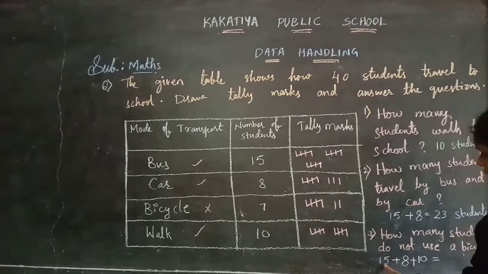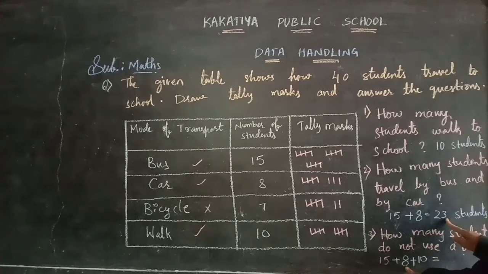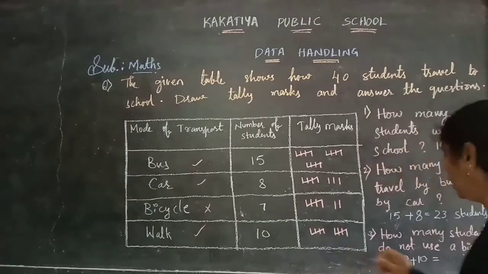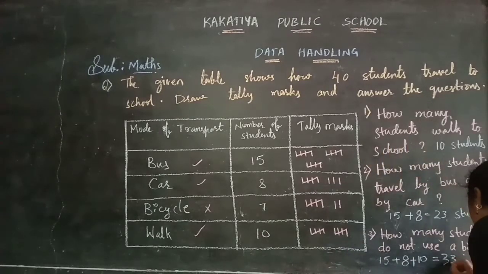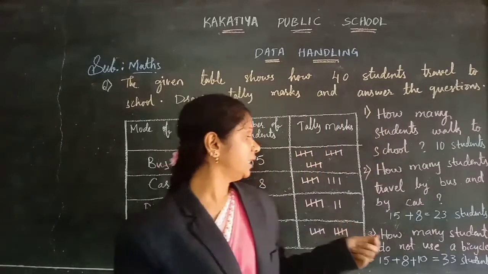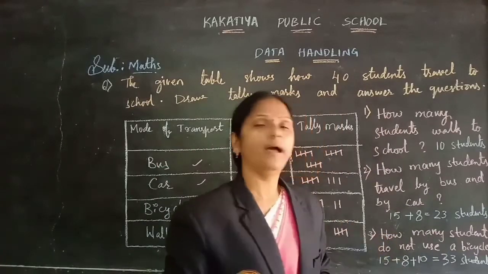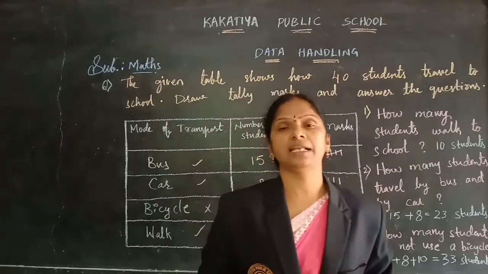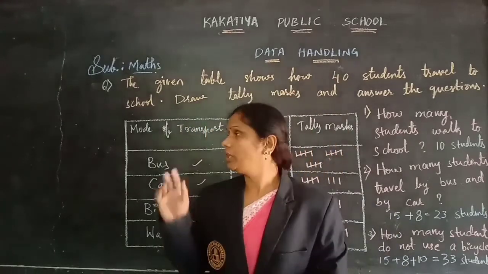Come on. 15 plus 8, in the previous problem I already did, is 23. 23 and the next 10 is 33 children. So 33 students are going to school, and they are not using a bicycle, which means they are going by other transport.